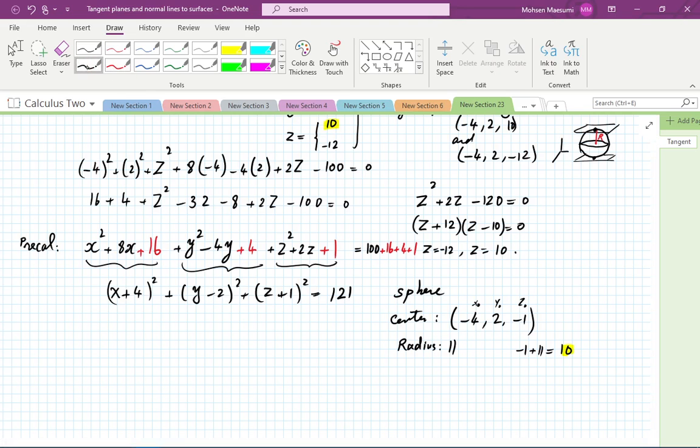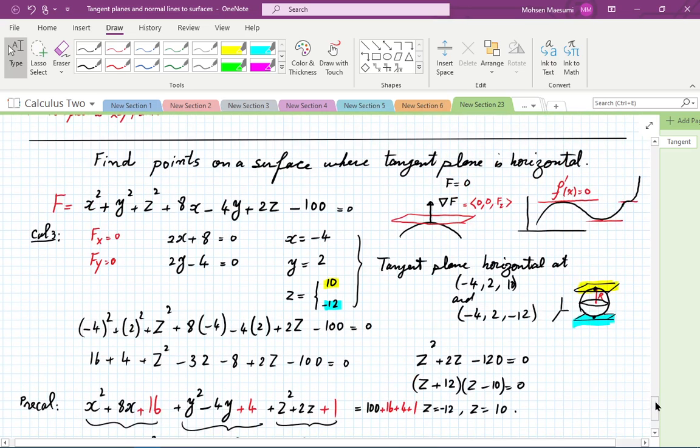And same way, if I start at minus 1 and come down by that much, I get to minus 12, and minus 12 is going to be this one. That's my minus 12, and this is my 10 up here. Well, that was simple. So let's see the calculus 3 version.